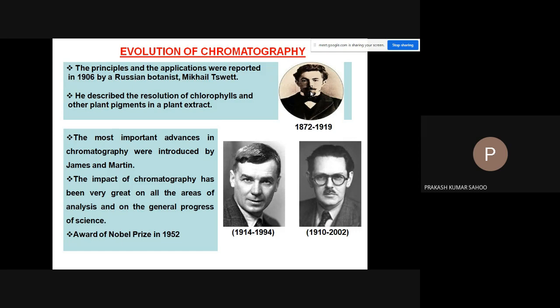The subject of chromatography had a very modest beginning. The principle and the application were reported in 1906 by Mikhail Sweat. He described the resolution of chlorophyll and other plant pigments in a plant extract.